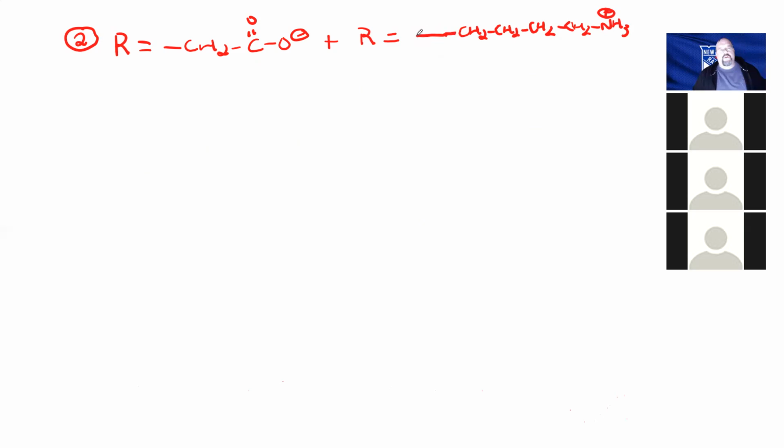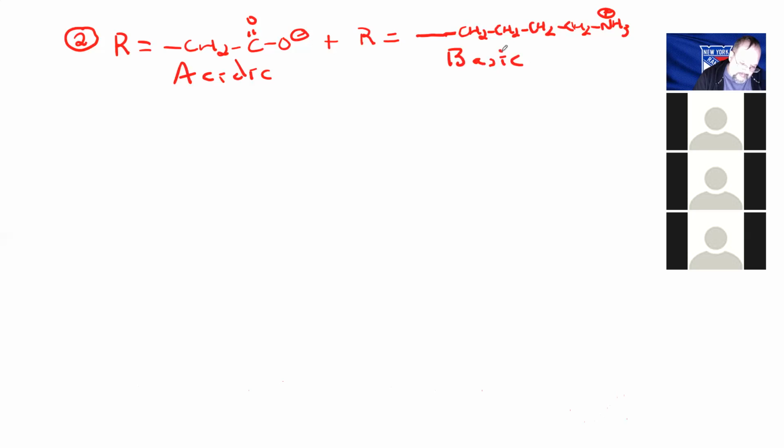If I take a look at the side chain of the first amino acid, it has a carboxyl group as part of its side chain. So what does that tell us? It tells us that this amino acid is acidic. If I look at the second amino acid, the side chain has an amine group as part of the side chain. You have a nitrogen with a carbon group attached to it. So that's an amine group, and that tells us that it is a basic amino acid.